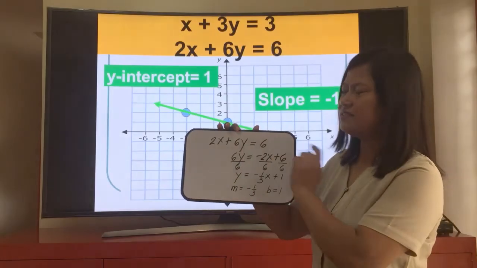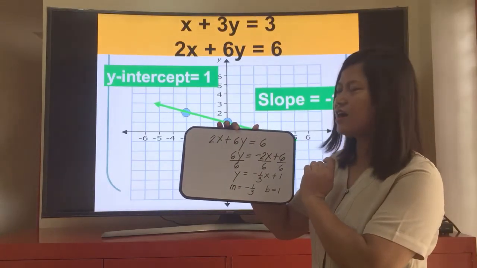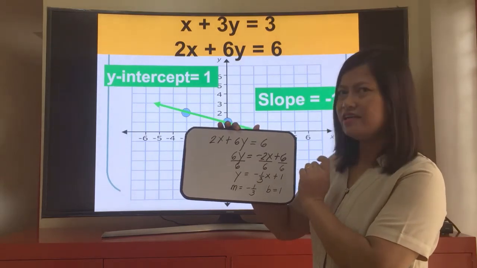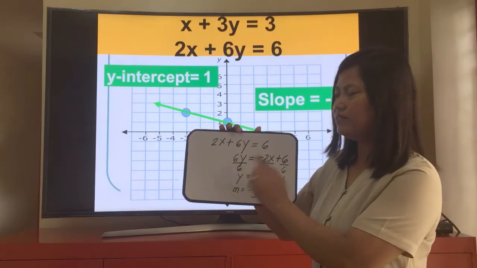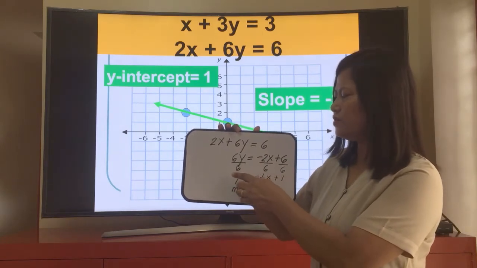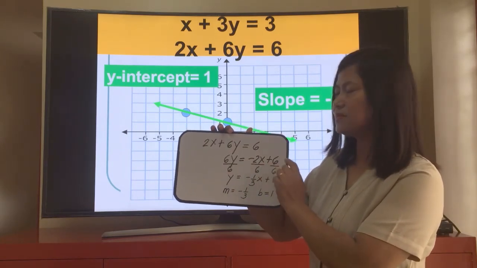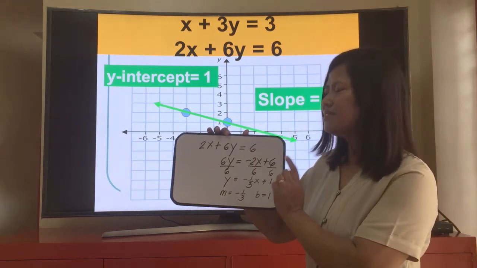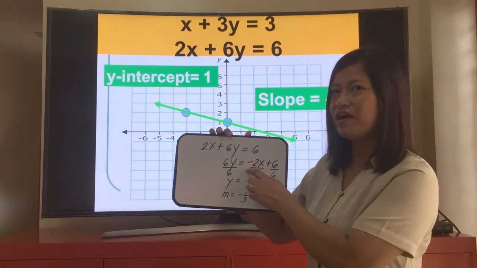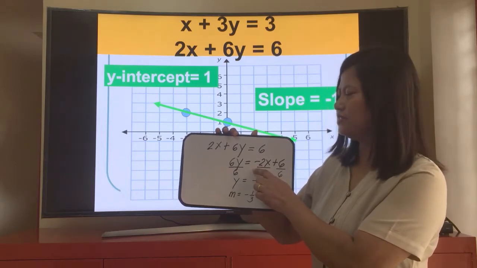2x plus 6y is equal to 6 is also in standard form. Rewrite in y equals mx plus b. So separate the y term. We have here 6y is equal to negative 2x plus 6. We added negative 2x to both sides of the equation. That is why we have here negative 2x.